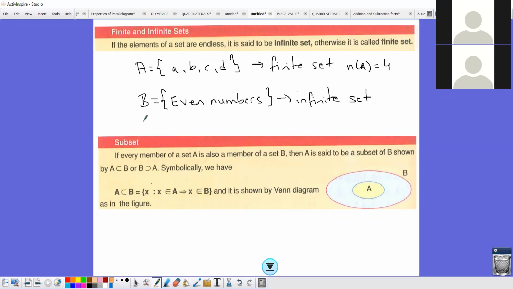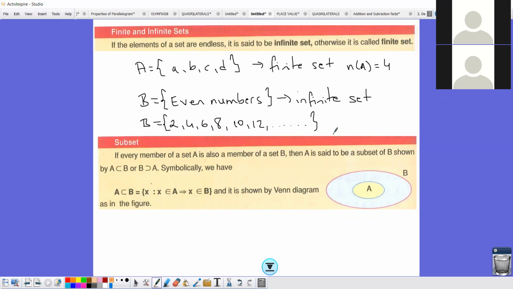If I want to write the elements of this set, I will start like 2, 4, 6, 8, 10, 12, and it goes on to infinity. We show infinite sets like this, with dots at the end. Okay? Did we understand?